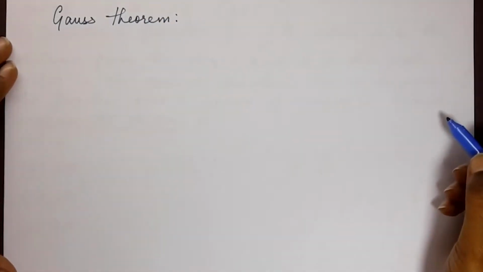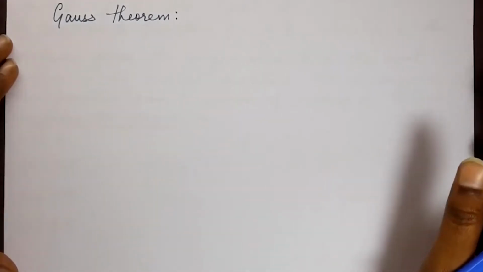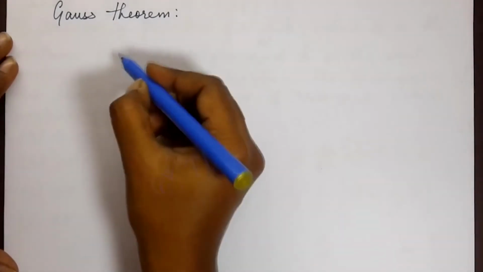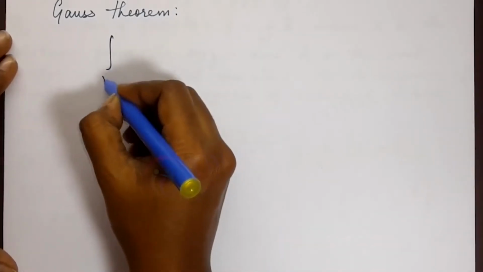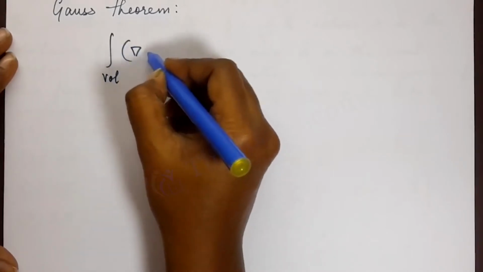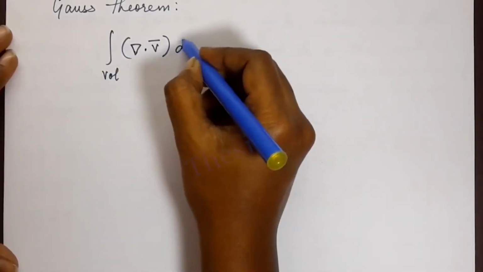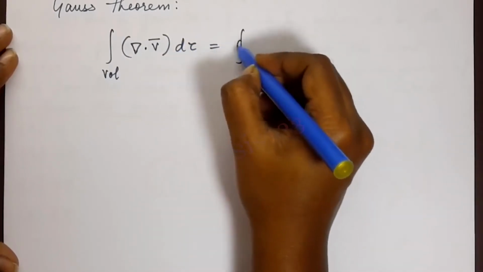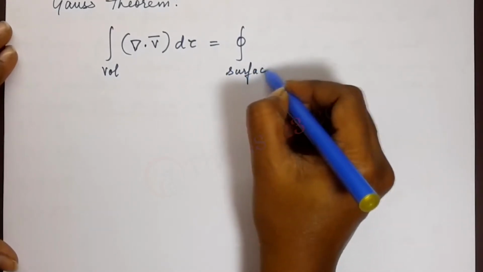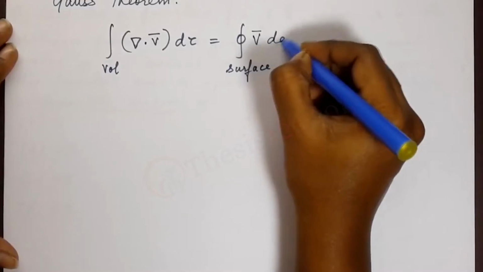Gauss's theorem says that for a simple solid of a certain region, and if S is the surface vector, then we will have the volume integral of delta dot V d tau is equal to the surface integral of the same V dot dA.